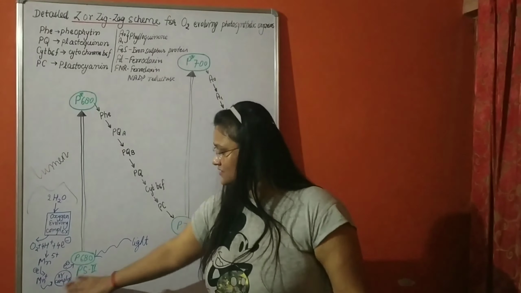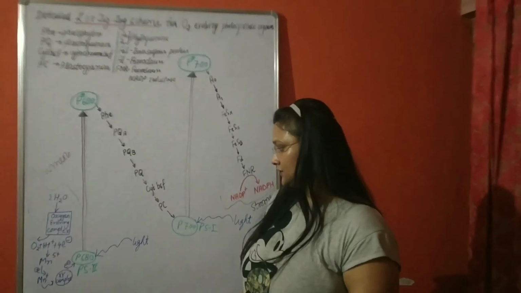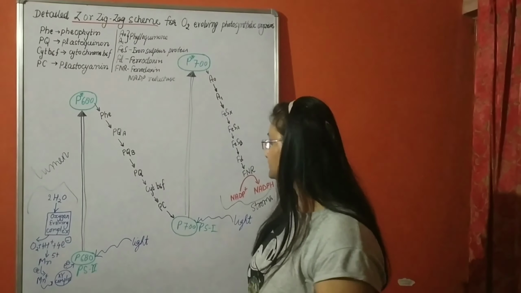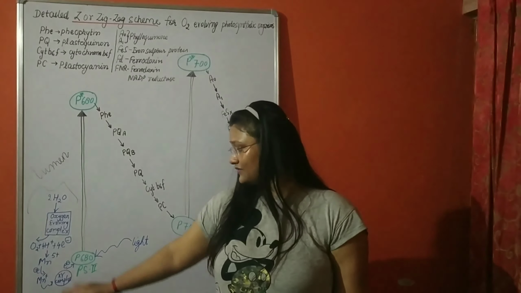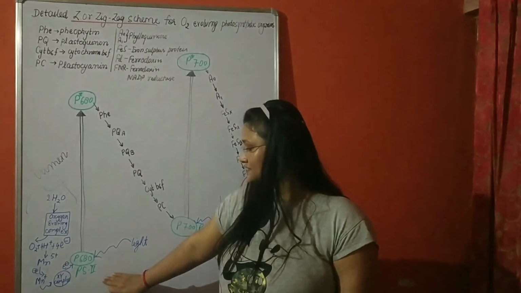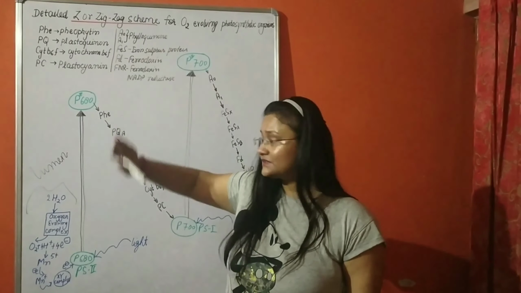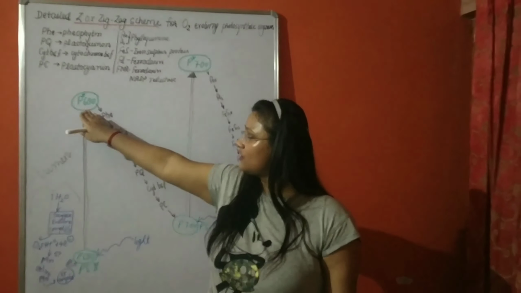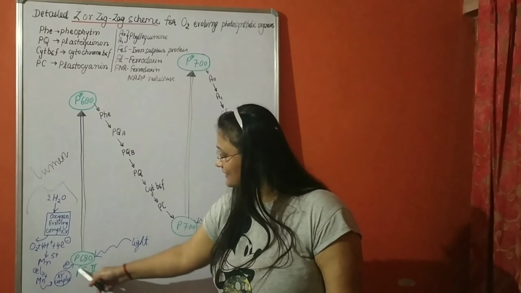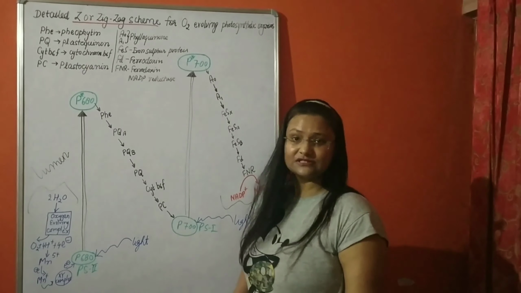First it transfers 1 electron, then second, then third, then fourth to the XY complex, then finally to P680. After having the electron, photosystem II gets excited and reaches a higher energy state. It has a lot of energy right now.